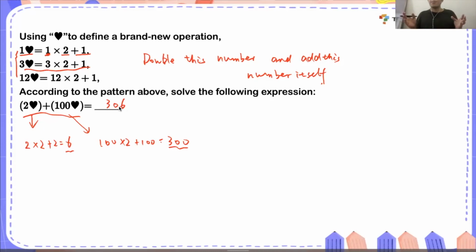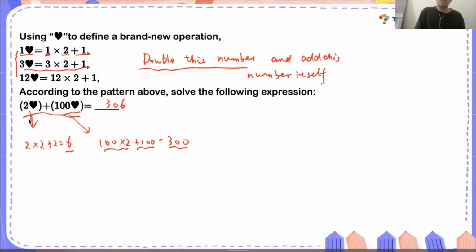If that makes sense? And I found most of you typed 206. Am I right? I think I'm right. 100 hat, that is, we just double this number and add this number itself, right? So for this part, 100 hat, we double this number and add this number itself, that is 300.